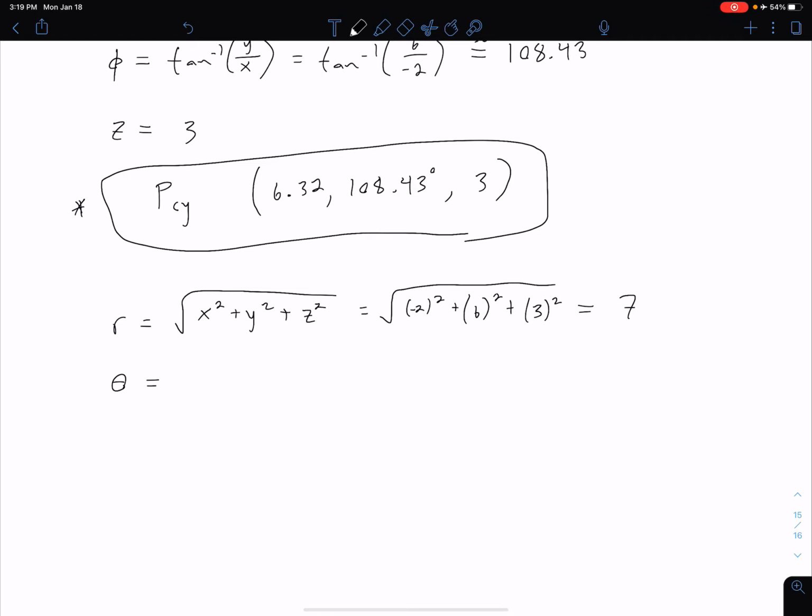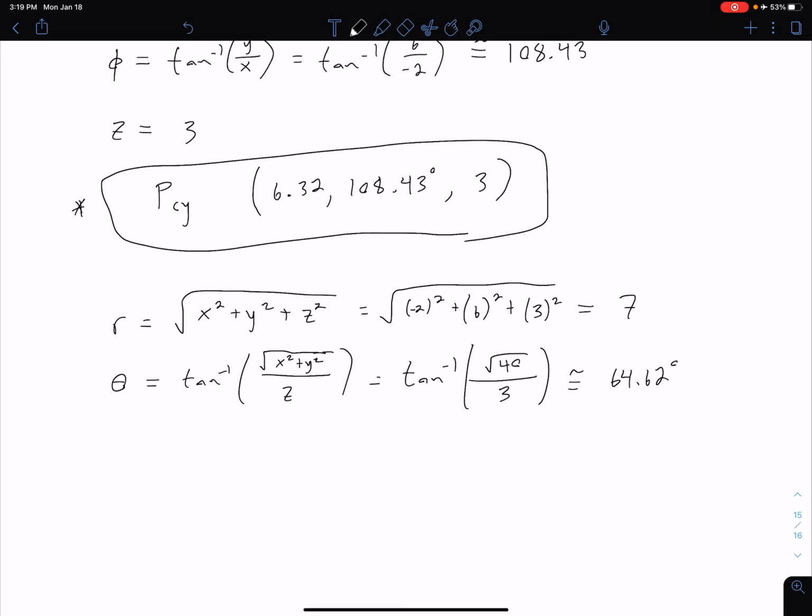Next, we have our theta, which we defined as the inverse tangent of the square root of x squared plus y squared, divided by z. Plugging in, we have inverse tangent of the square root of 40, where I've combined those couple terms, divided by our z, which is 3.